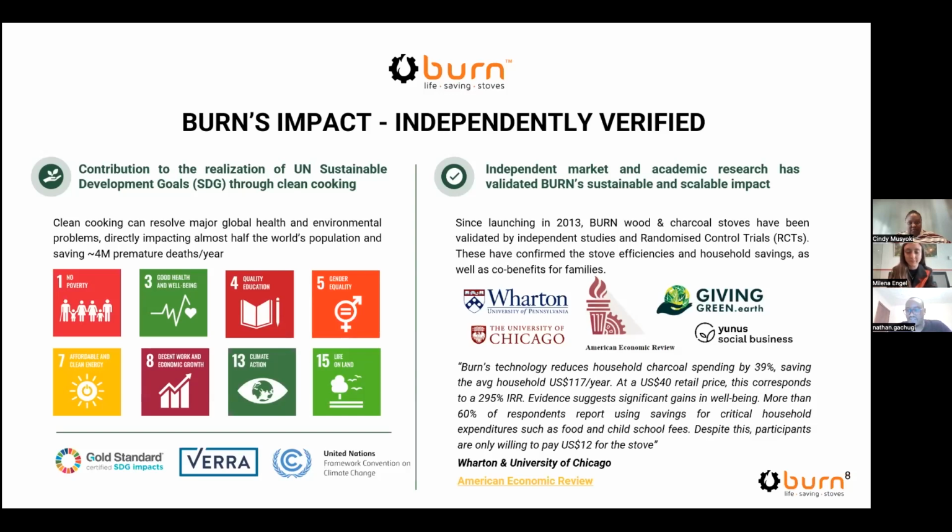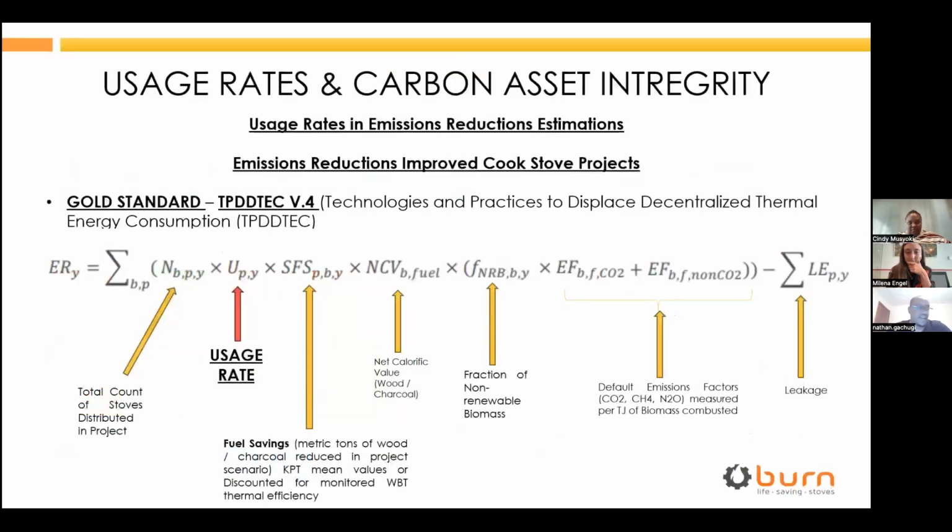One of the key issues that has come up with the integrity concerns is overcrediting and how that relates to usage surveys. So here I have a snapshot of 4 different carbon methodologies associated with the quantification of emission reductions from improved cookstove projects. The first is the Gold Standard methodology, thermal practices for distributed thermal energy consumption, version 4.